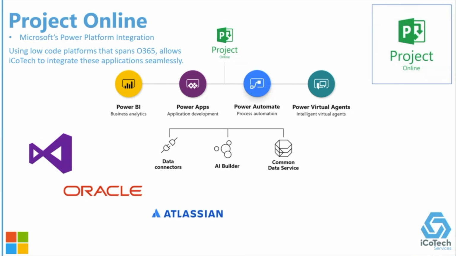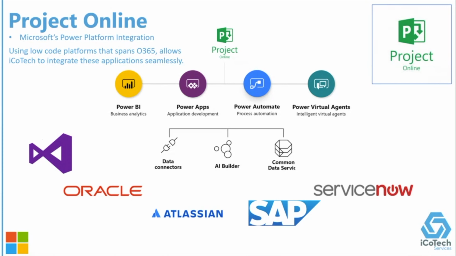So the agile Scrum teams can manage epics and stories and points and do all that crazy stuff in Jira. But if you're a project or delivery manager in Project Online, you can manage your business case, your scope, your cost, your benefits, and bring that data from Jira up into Project Online as well. SAP and ServiceNow.